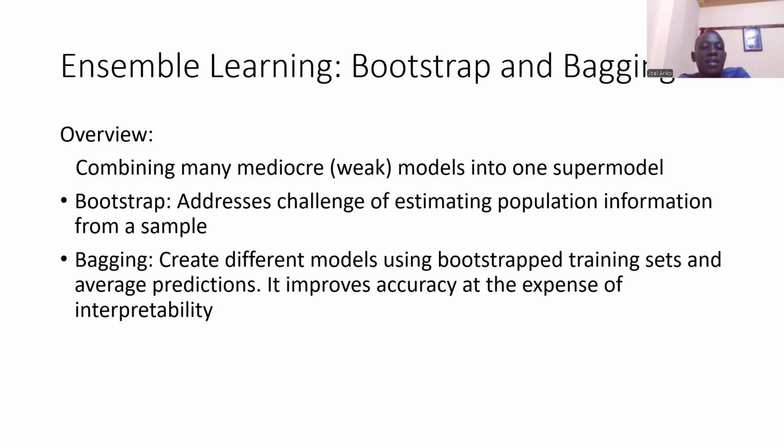Then in bagging, we create different models using the bootstrap training samples and average the predictions. This helps us to improve the accuracy of our model, with respect to interpretability.